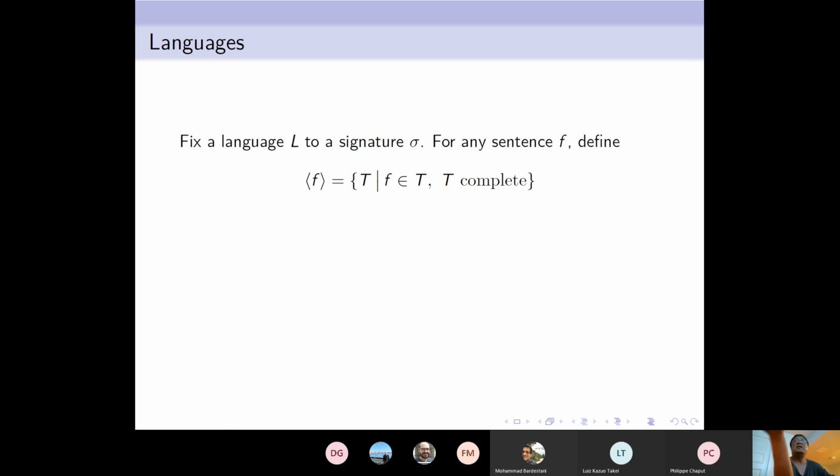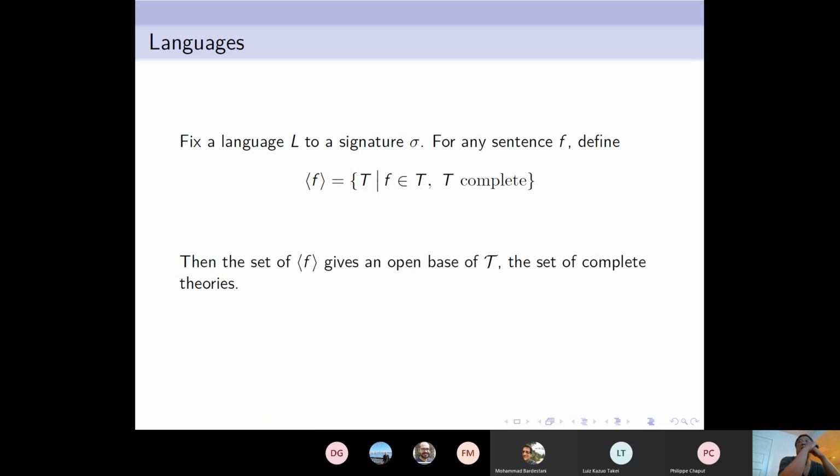So this gives us a topology for the set of complete theories. It turns out this topology is a Hausdorff compact topological space. So this has a very important consequence.